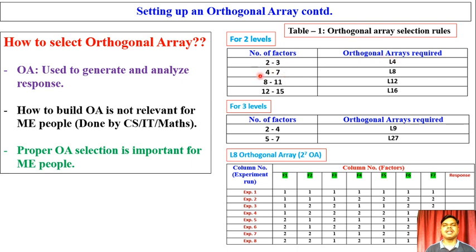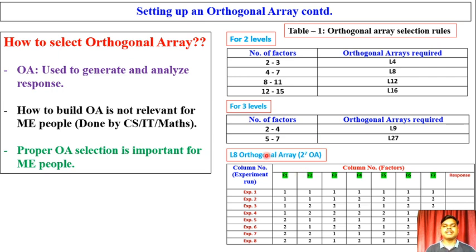If it varies between 4 to 7, then we'll choose L8 orthogonal array. 8 to 11 we'll choose L12 and so on. And if we talk about three-level orthogonal arrays, so if we are using three levels like low, medium and high, and the number of factors varies from 2 to 4, then we'll go for L9 orthogonal array. And if it varies from 5 to 7, then we'll go for L27 orthogonal array.